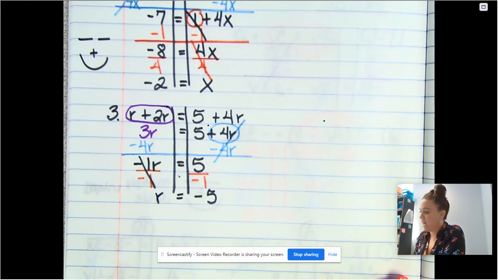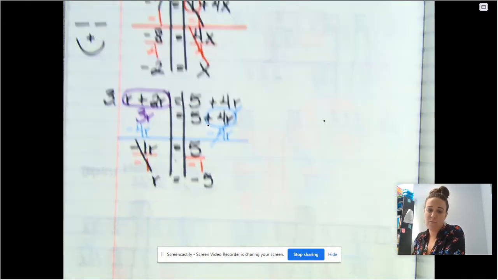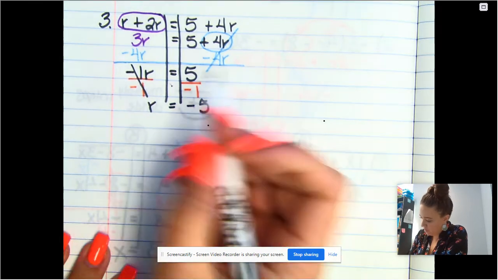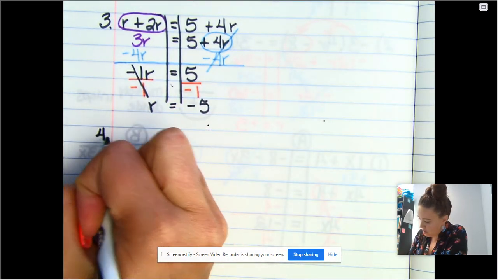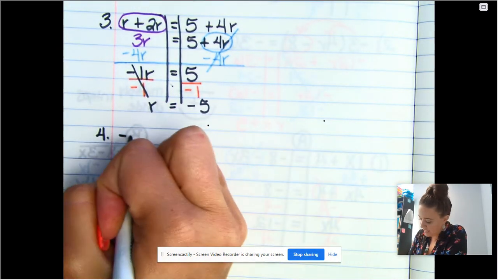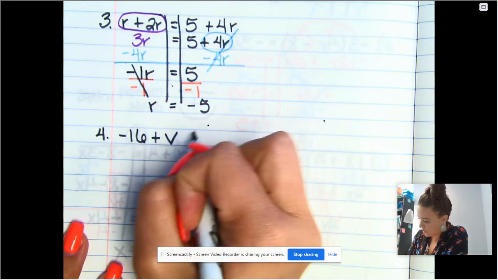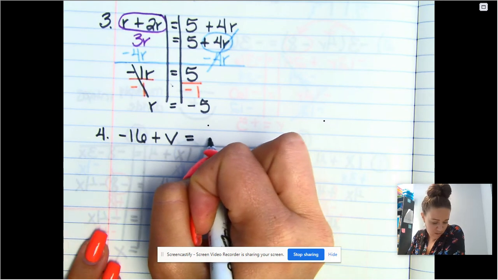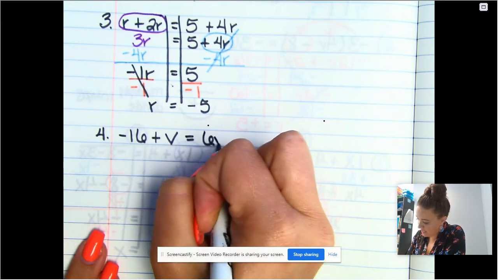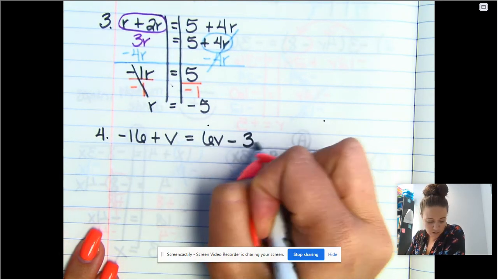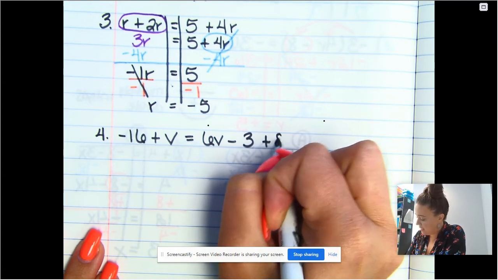Last example for your guided practice is number 4. So number 4, we have negative 16. Again, I'm throwing in the variable v this time to get us away from using x just a little bit. And then we have 6v minus 3 plus 8v.